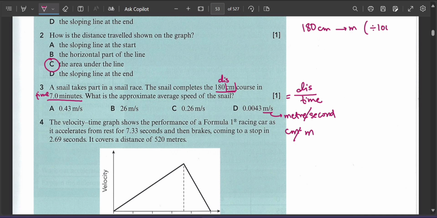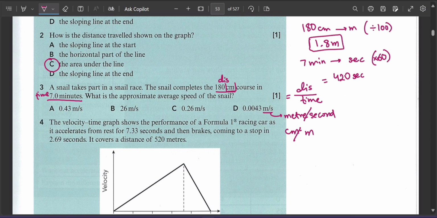So it's going to be 1.8 meters. And 7 minutes in seconds, you need to multiply it by 60, and 7 into 6 will be 420 seconds.